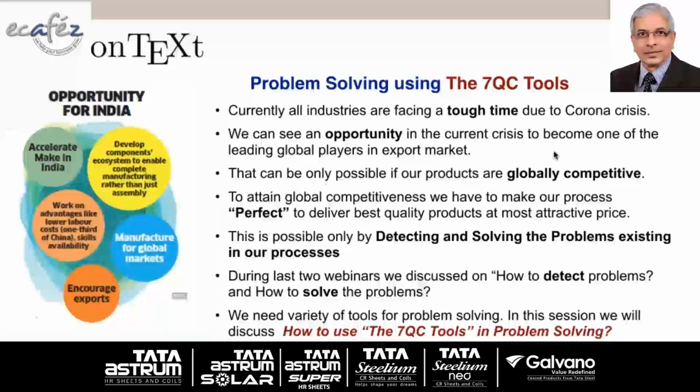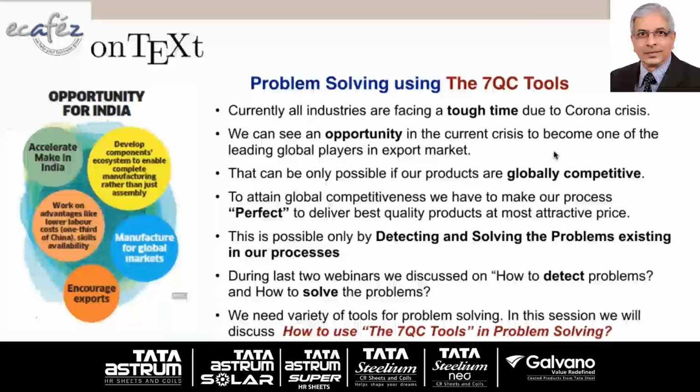There are mainly 4 areas which must be strengthened by any company to make its product competitive. The very first one is quality, the most important part. Then comes cost competitiveness, and third is on-time delivery. And the most important of all is the people.